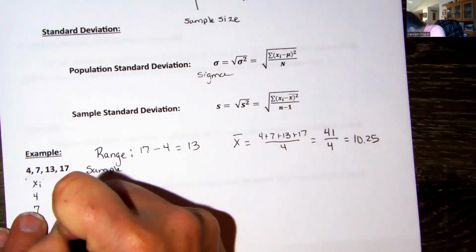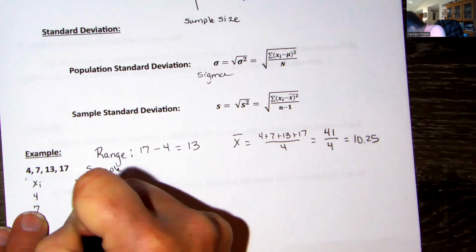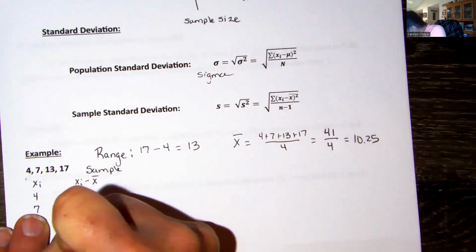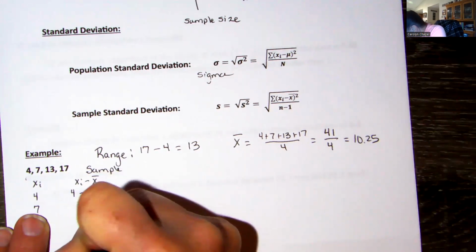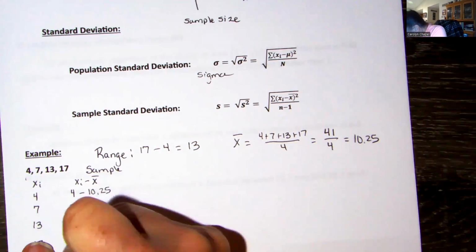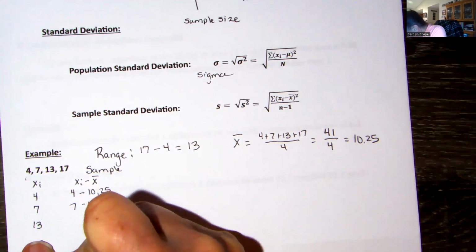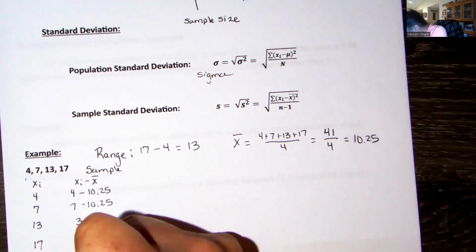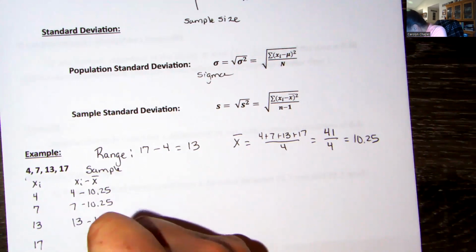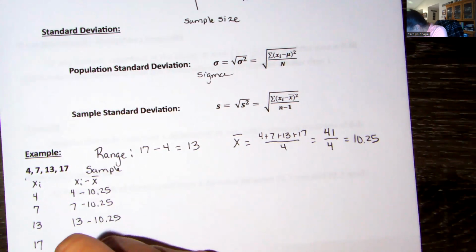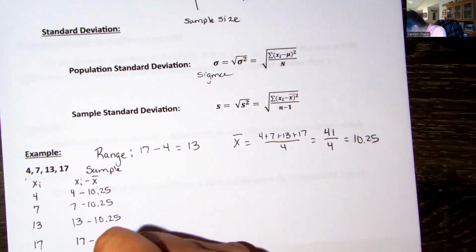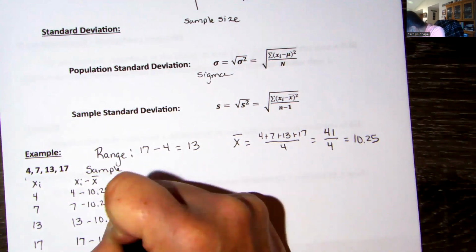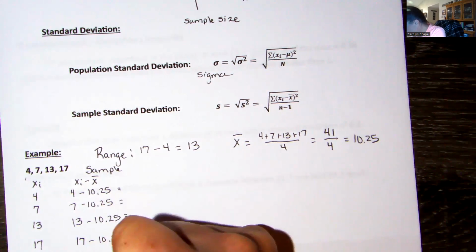So I'm going to take my Xi and subtract off that X bar. That means I'm going to take 4 and subtract off 10.25. I'm going to do 7 minus 10.25, 13 minus 10.25, and 17 minus 10.25.